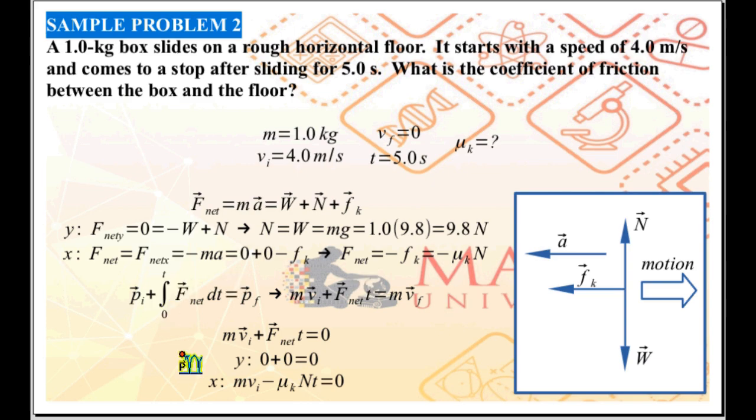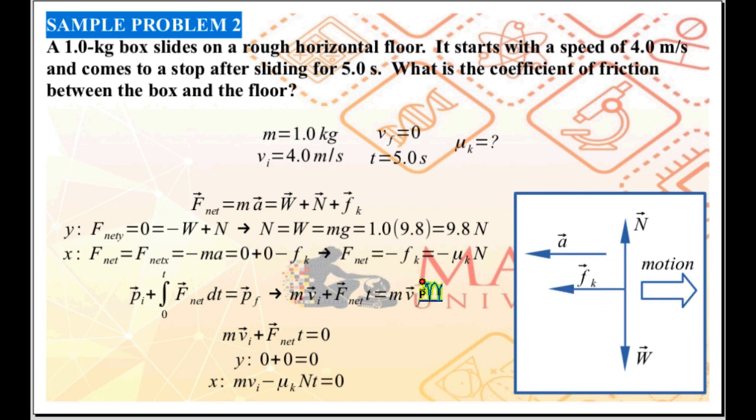Going now to conservation of momentum. Initial momentum is equal to final momentum. In this instance, we have the presence of an external force that affects the motion of the object. We have an external force that can produce an impulse that will change the momentum of the object, and that is basically kinetic friction.